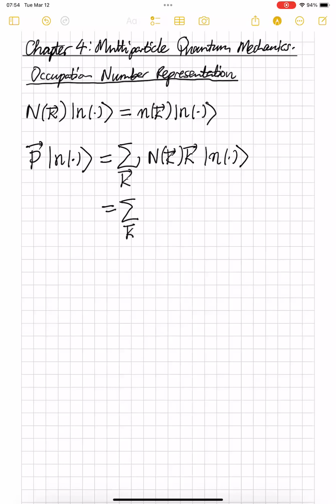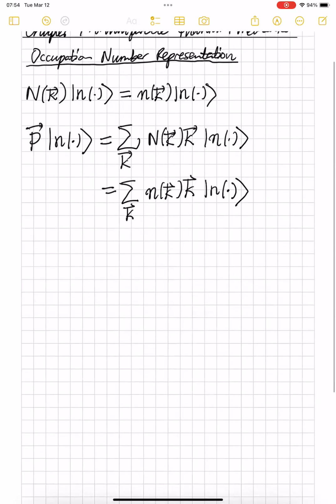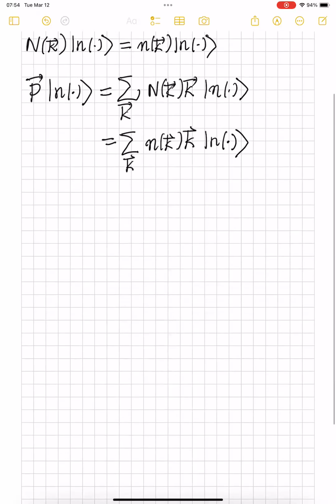I get a sum over K, replacing the operator by its eigenvalue. I am simply counting how many particles there are of each momentum and then adding that up. So that's the formula for the momentum operator acting on the occupation number ket.